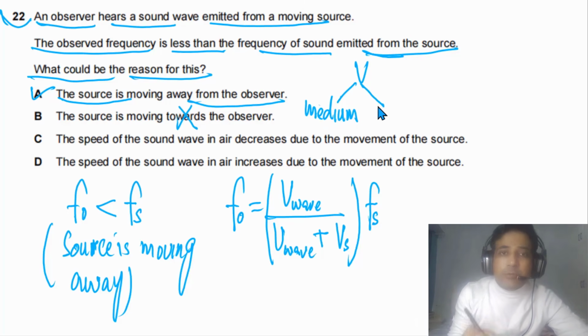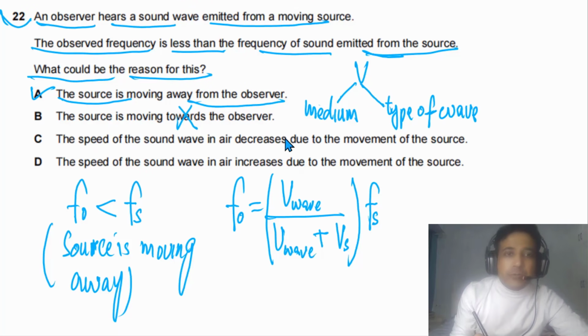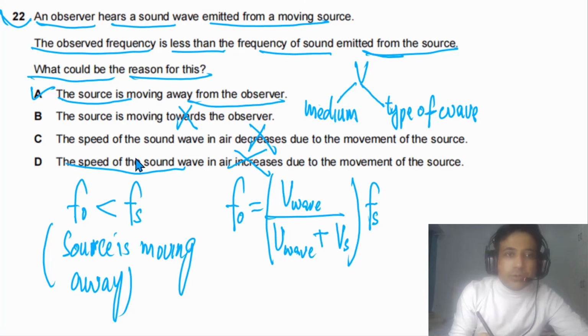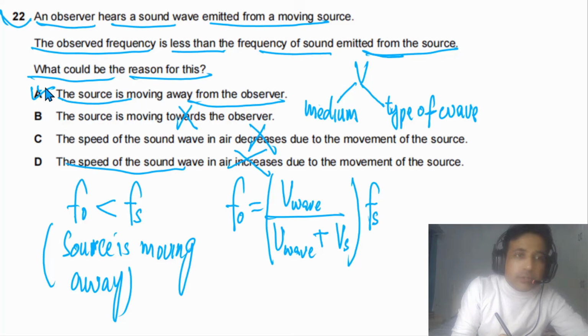And in different medium, speed of different waves is different because speed also depends on type of wave. So this one is wrong. The speed of the sound wave in air increases. This is also wrong because if medium is the same, speed remains constant. So the answer for this question is A.